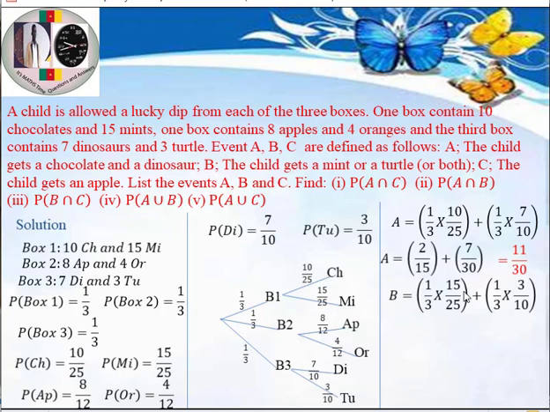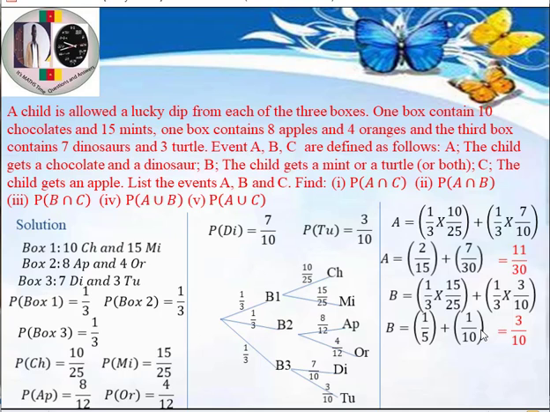If we simplify this, 3 into 15 is 5 times, and 5 into 25 is 5 times. So we'll have 1/5 here, and then we'll have 1/10 here. So 1/5 plus 1/10 gives us a fraction of 3/10. So that's the probability of B.